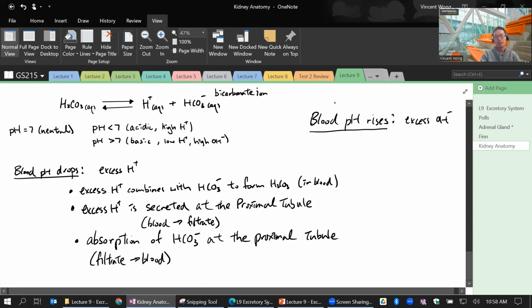In this case, the buffer will shift towards the right. H2CO3 dissociates to form more H+, because there's not enough H+.